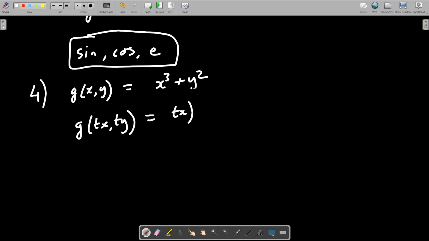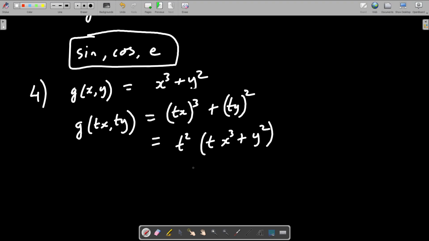This will become t x the whole cube plus t y the whole square. So t square comes out common here, and one t will remain here. So is this in the required form we want? No, right? This t remained back over here, so that is not good for us. So g is not homogeneous.